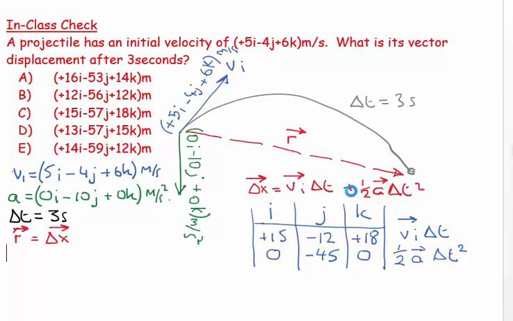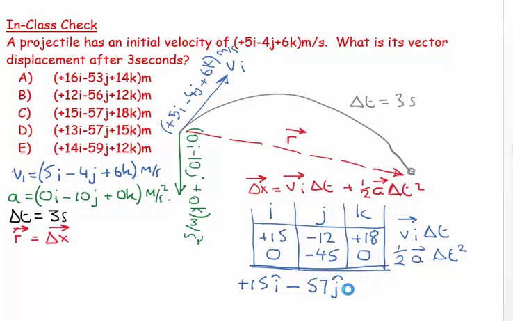Now, the operator here is an addition, so I've got to add these two rows together. So I'll get plus 15i. This is minus 12 and minus 45, which is minus 57j.